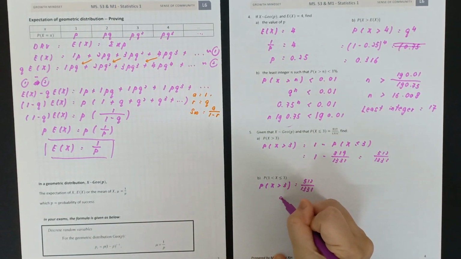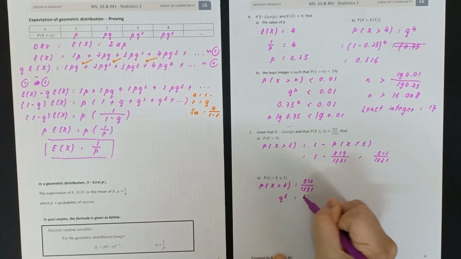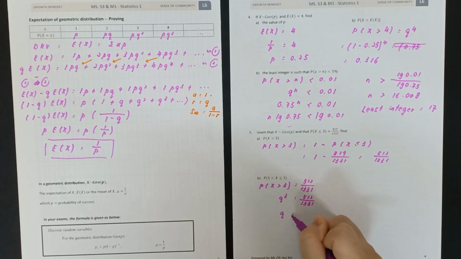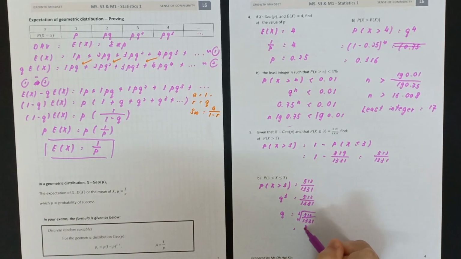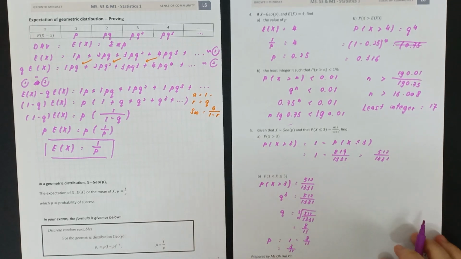So 3 times of failure, meaning q cubed will be equal to 512 over 1331. So what is your q? Your q will be the cube root of 512 over 1331, so you will get q as 8 over 11. So how to find your p? Your p will be equal to 1 minus 8 over 11, which gives you 3 over 11.